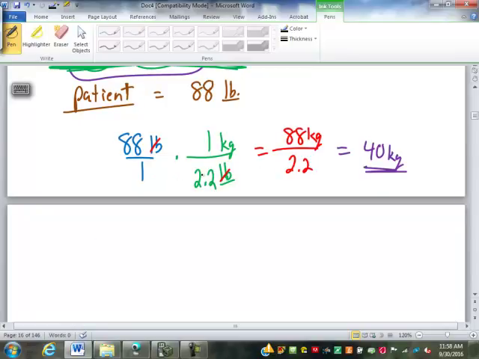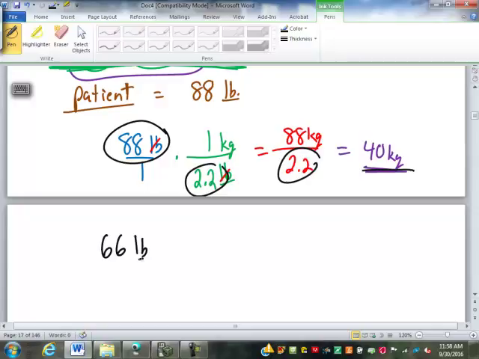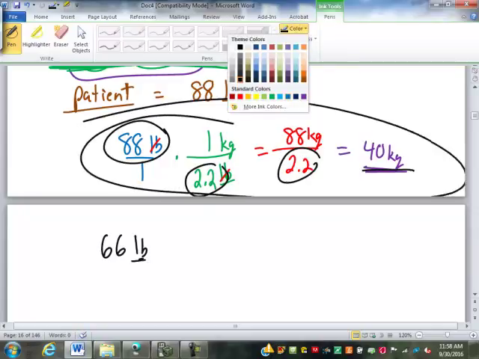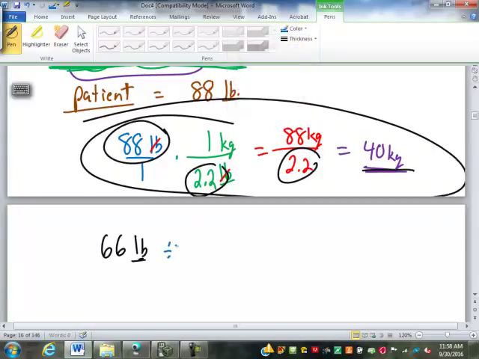What's going to be the calculation here? Every time we take pounds into kilograms, we're going to end up dividing by 2.2. So if I have a 66-pound patient, rather than doing out the whole conversion factor here, I can just go ahead and divide by 2.2, which is going to give me 30 kilograms.